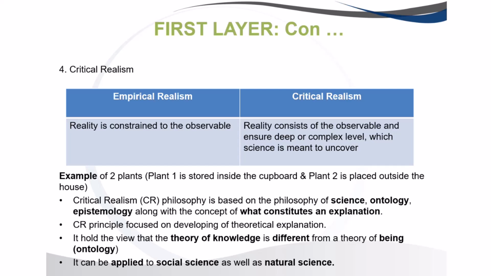It holds the view that theory of knowledge is different from theory of being. It can be applied to social sciences as well as natural sciences. I think most of the time it's more applicable to, hopefully, natural sciences, but social sciences will also come in sometimes.